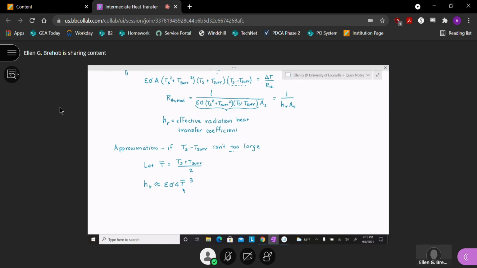Maybe it's really small and you can say, I don't even need to consider it, or maybe it's on the same order as convection. It at least gives you a starting place rather than having to deal with, let's say, surface temperature being unknown, and carrying this unknown to the third power around.